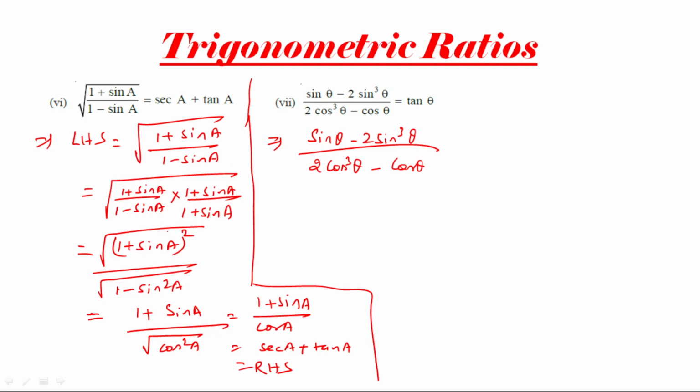So if we will take sine theta common here, then it will become (1 minus 2 sine square theta) divided by, if we are taking cos theta here, then it will become (2 cos square theta minus 1).